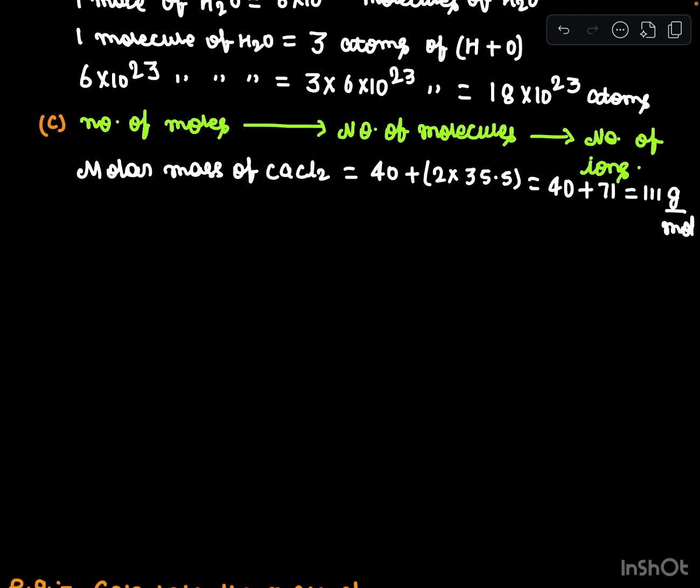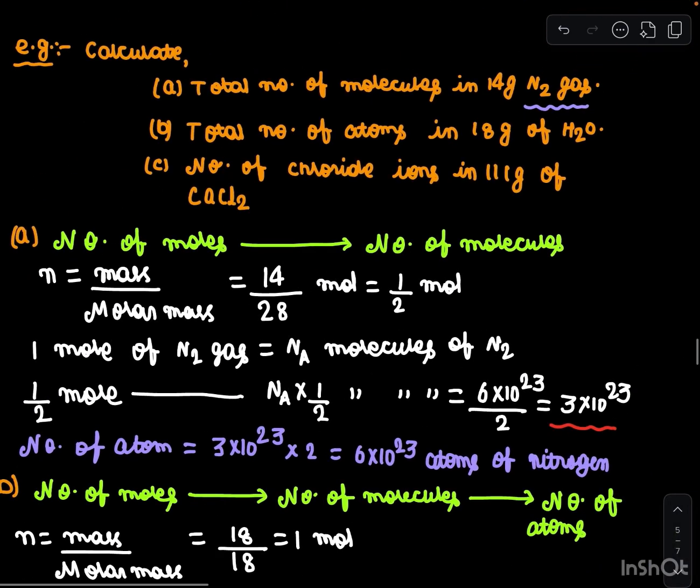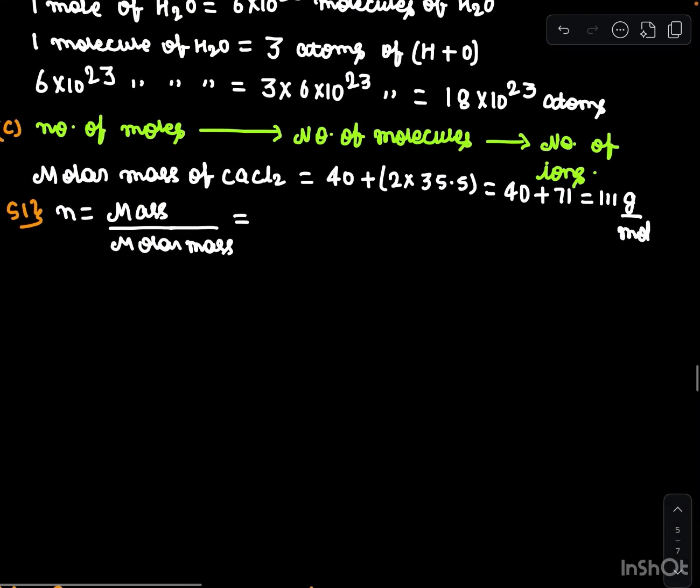At first, step 1, I am taking step 1, number of moles. Number of moles equal to mass by molar mass. Mass of CaCl2 is given in the question, which is 111 gram. So mass is 111 gram divided by molar mass 111 gram per mole, which is equal to 1 mole.